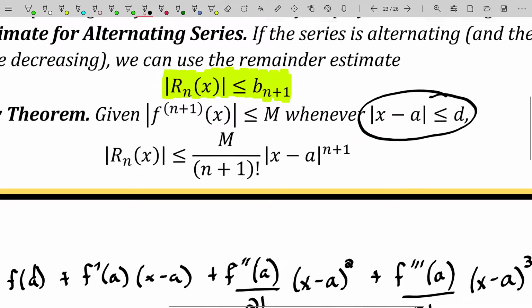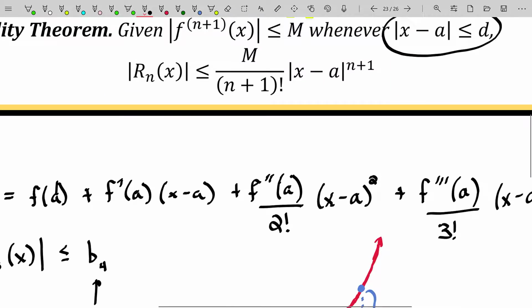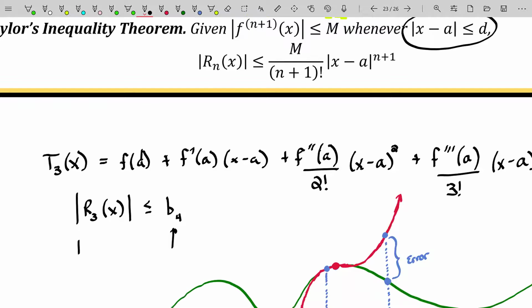But once you find a bound for that fourth derivative, then your remainder or error, again, the same error here, this guy right here, is going to be bounded by that bound on your n plus first derivative divided by n plus 1 factorial times the distance between any x value in that interval minus the center raised to the n plus first power. And of course, you can find out how large that is, but you want this to be as small as possible.